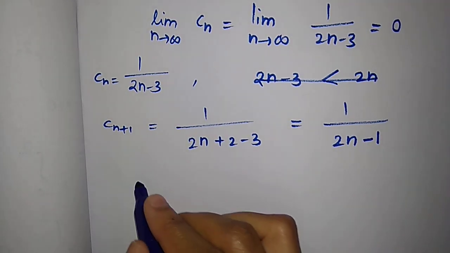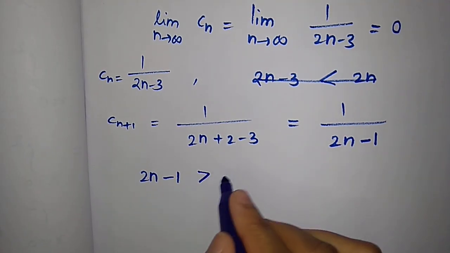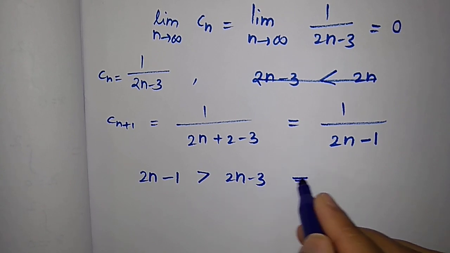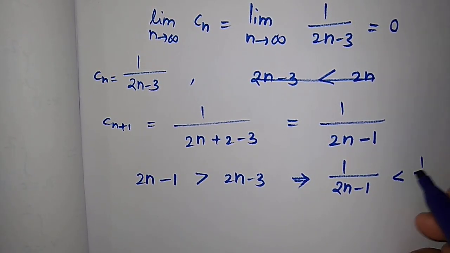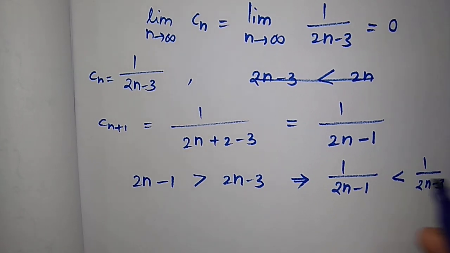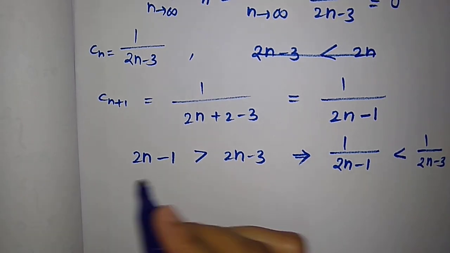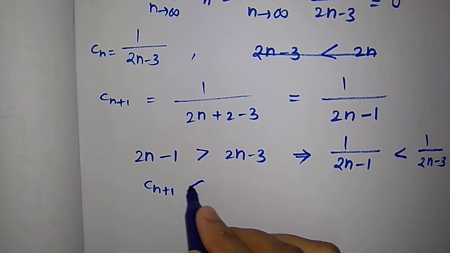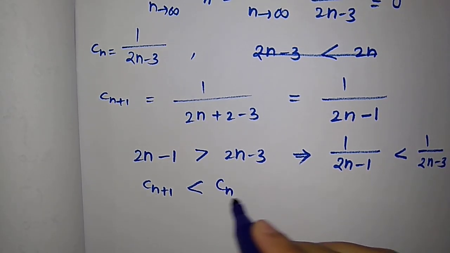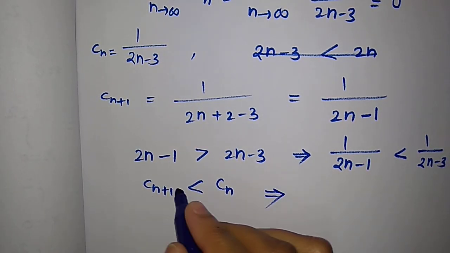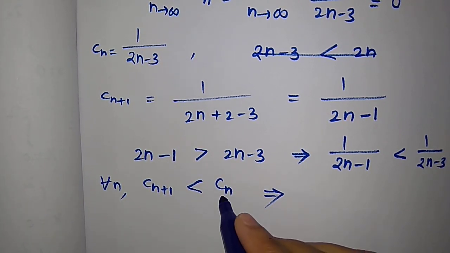And now we know that 2n minus 1 is greater than 2n minus 3. So this gives us 1 by 2n minus 1 is less than 1 by 2n minus 3, which means Cn plus 1 is less than Cn. This holds for all n.